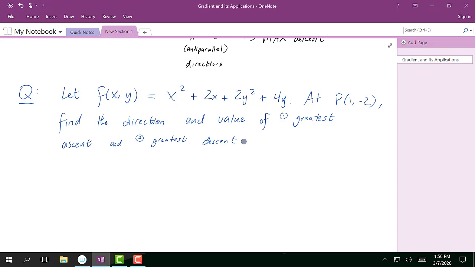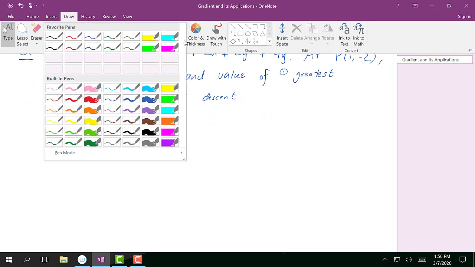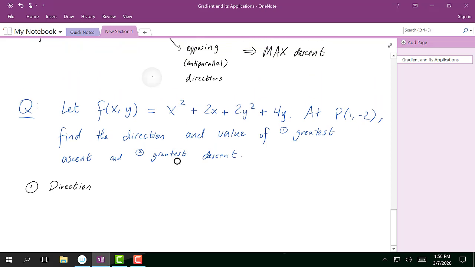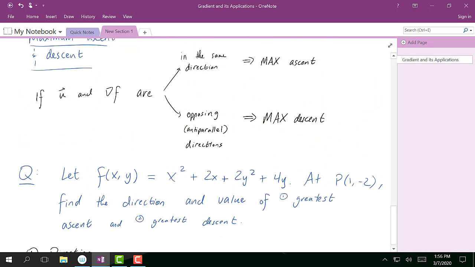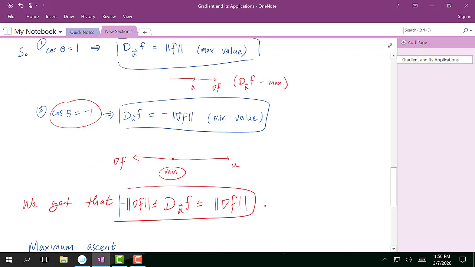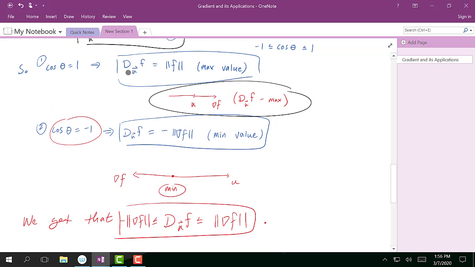So to find the direction of greatest ascent and descent, what we're going to do is as follows. Let's look at part 1, the greatest ascent. We know from above, if I scroll back up for a second, that the greatest ascent is when u and the gradient of f are in the same direction, in which case the directional derivative is just the magnitude of the gradient.